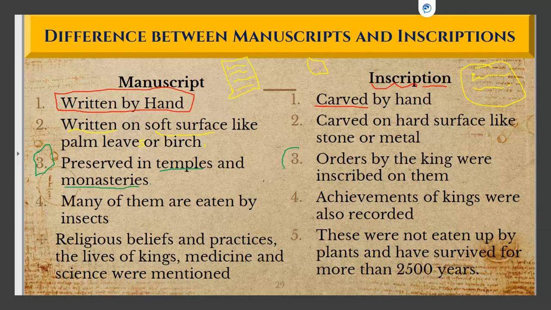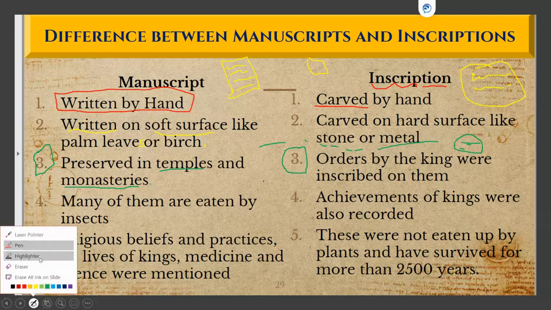Archaeologists have found some of them in temples, and some can be found in monasteries too. And the orders given by the king or the queen to the servants were inscribed on hard surfaces. Like if this is a king, he gives his orders to his servant, so he will inscribe what to do, and then they will do it.